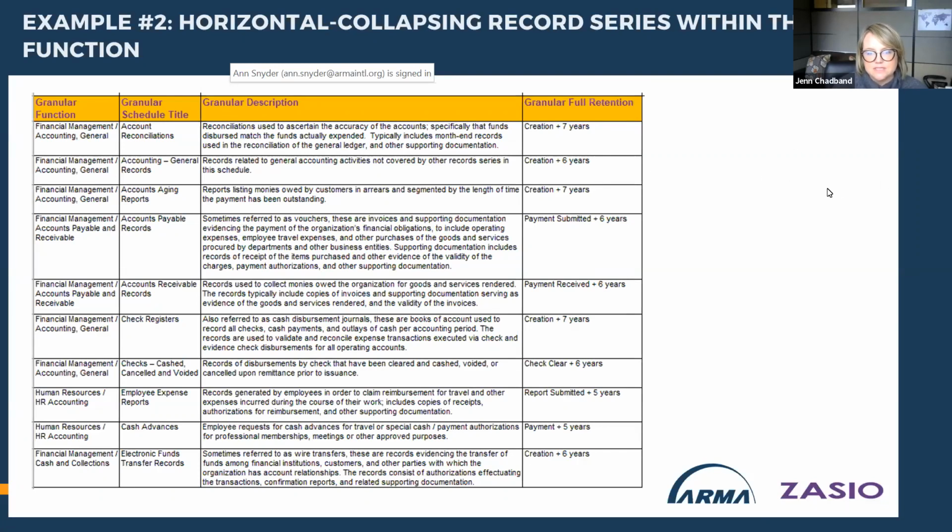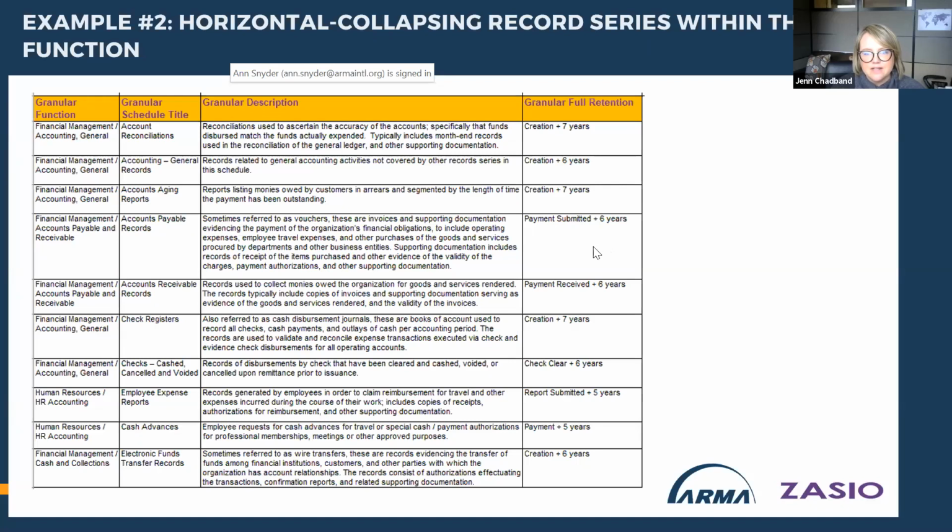A sub-process here for your financial accounting record series may also have some unique event triggers associated with them. However, I think we often find that, for payment submitted, for example, payment received, these really can be simplified and rounded out to a calendar year or a flat retention period.